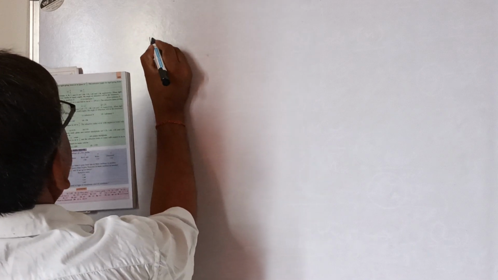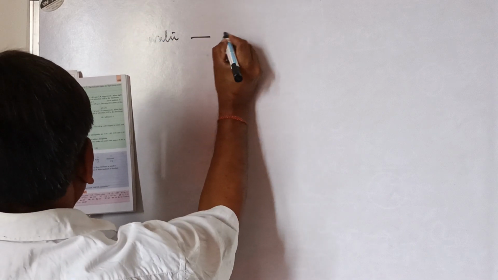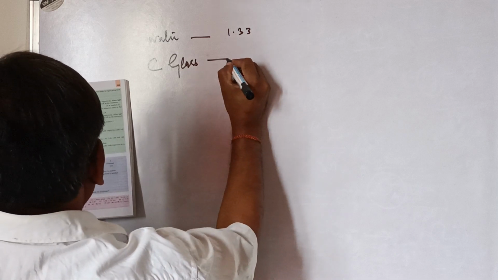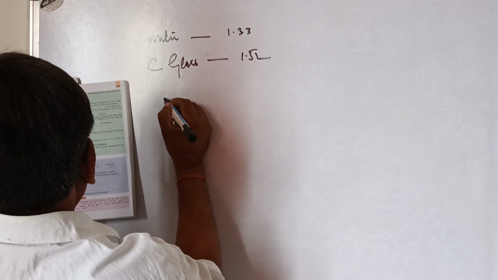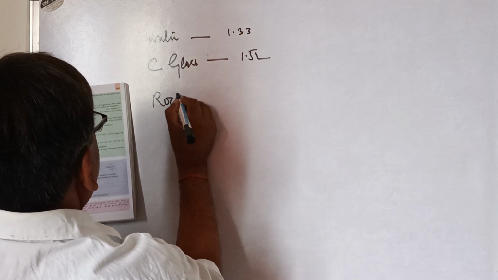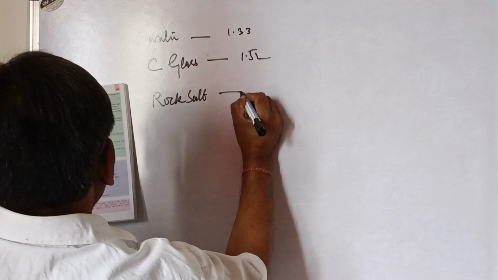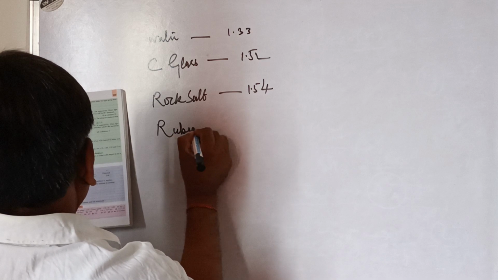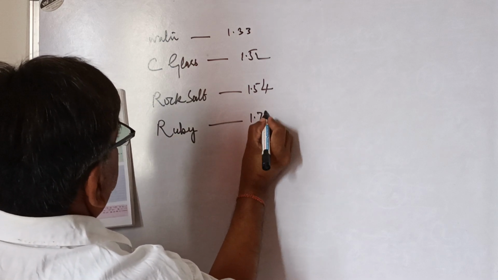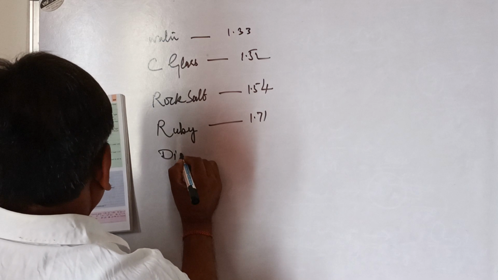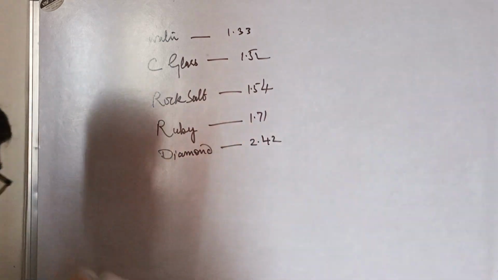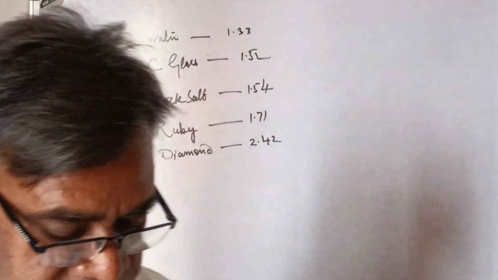Let us denote by, say, water 1.33, crown glass 1.52, and rock salt 1.54, ruby 1.71, and the last one is diamond, 2.42. The refractive indices are given.